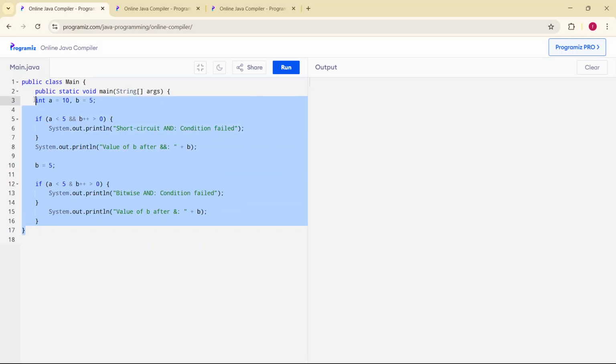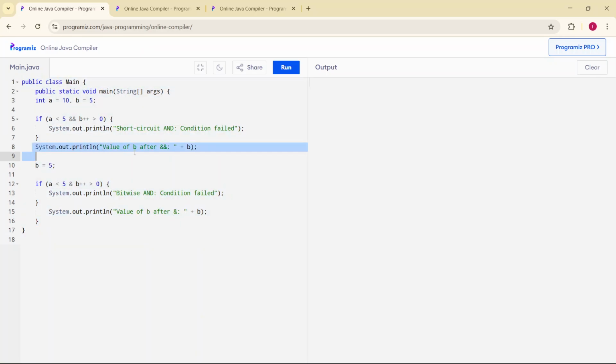I have written the same code here. The value of B after short circuit AND is 5 because B is not incremented. The value of B after bitwise AND is 6 because here B is incremented. Let's see.